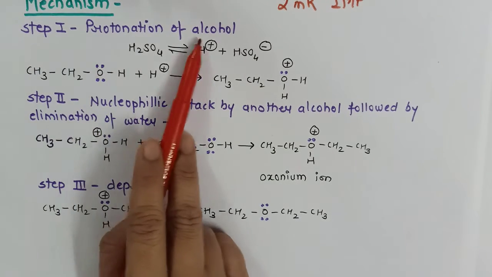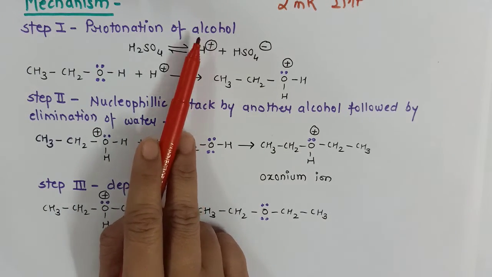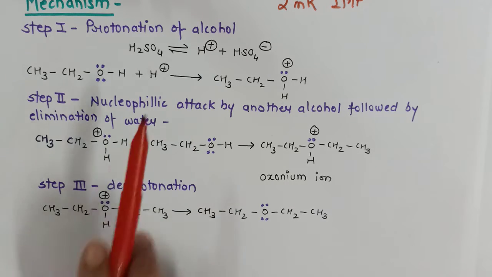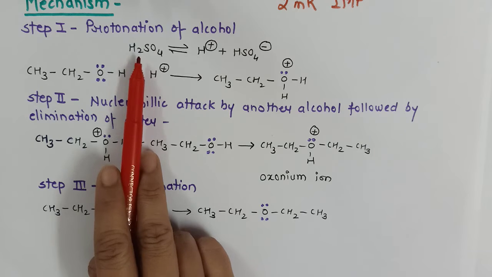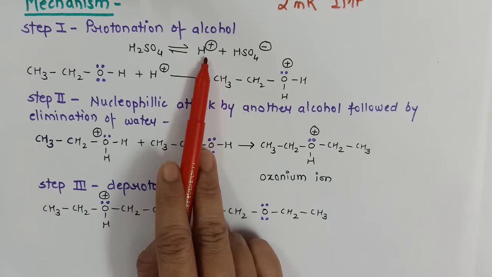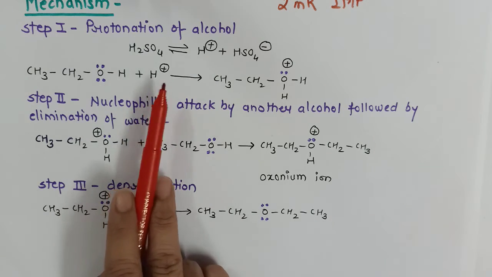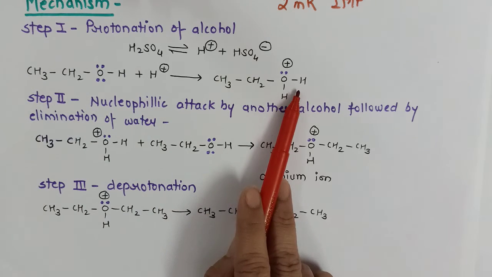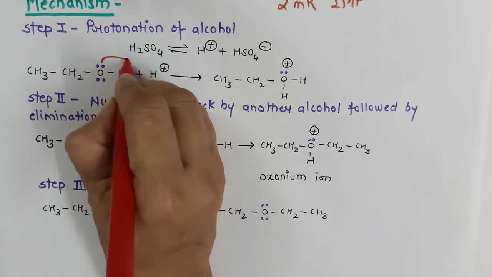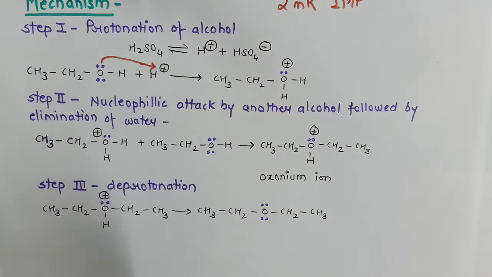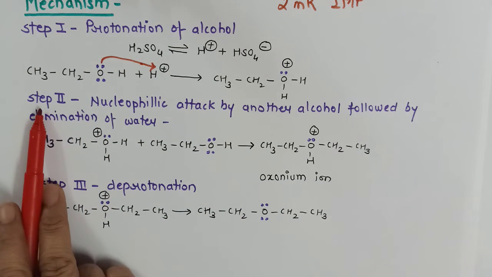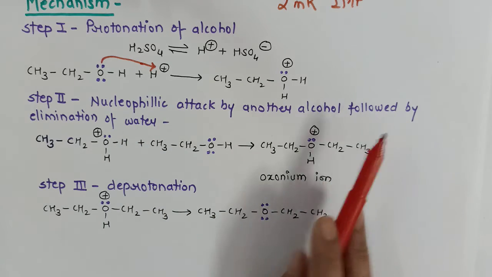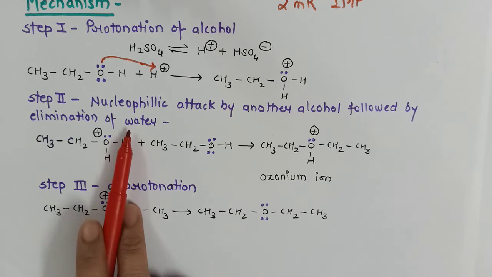The very first step is the protonation of alcohol, which is the same as we discussed in the conversion of alcohol to alkene. Since it is acidic dehydration, the acid will form H plus ion, and this H plus ion, when treated with alcohol, will form protonated alcohol. The lone pair of electrons moves like this. In the second step, there is a nucleophilic attack by another alcohol molecule, followed by the elimination of water.